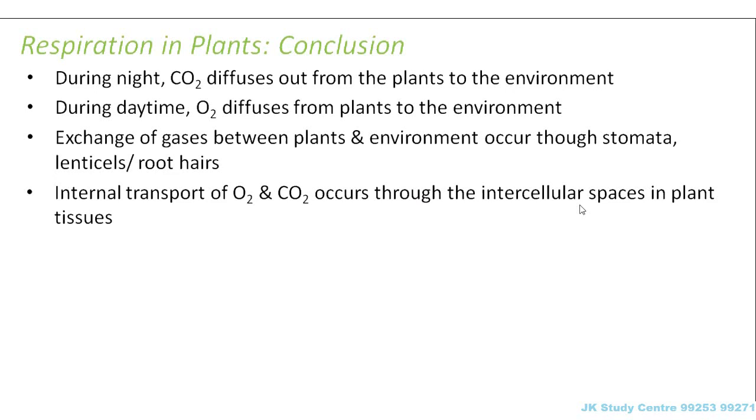But that gas also needs to be transported to all other parts of the plant. That internal transport is taken care of by the intercellular spaces, because in many plant tissues there is a lot of intercellular space, and those spaces help in carrying the gases from one part of the plant to the other.